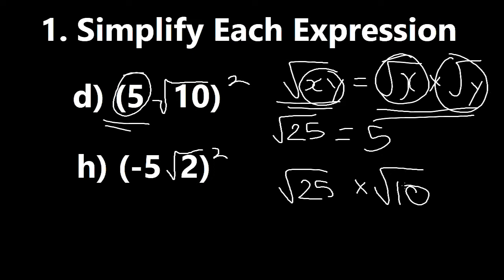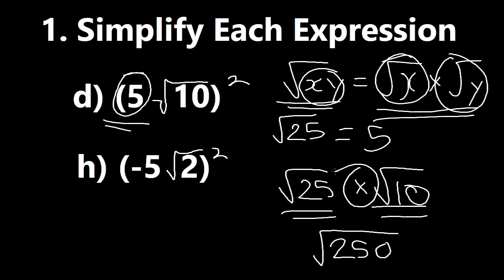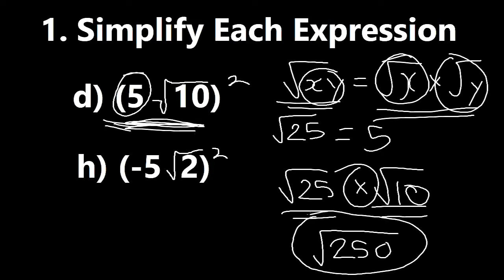When we have two surds like this, we can multiply them straight across and we end up getting root 250. Now notice that this is a multiply, not a plus. If we have a plus, we're not allowed to mix two different surds, but right now it's a multiply, so it's okay. So this whole thing inside the brackets, we can just say is root 250 now.